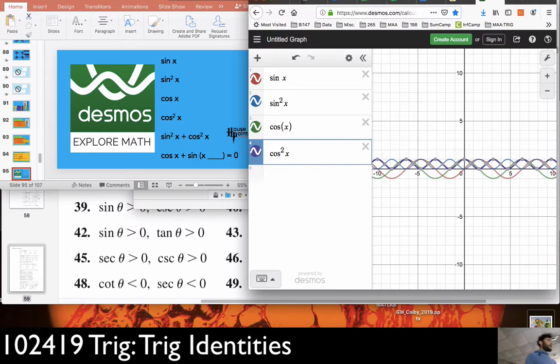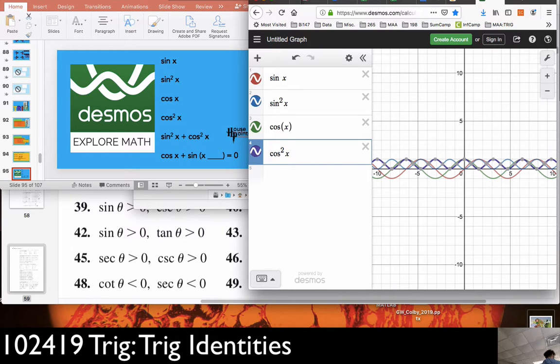So again, offset by 90 degrees, offset by pi over 2. So it would be the same curve if you shifted it along the x-axis by pi over 2.